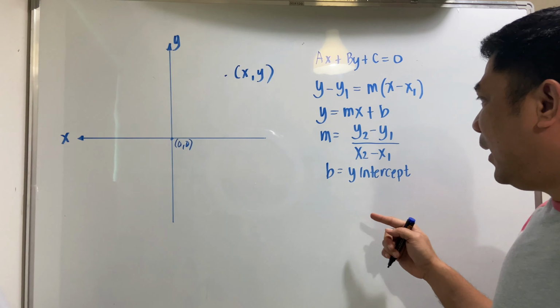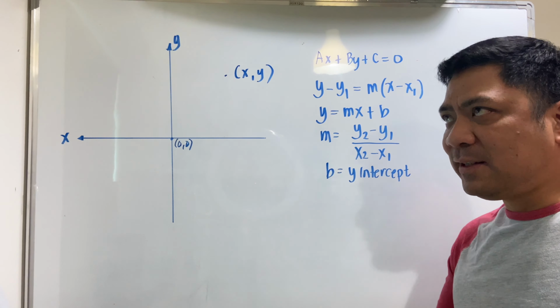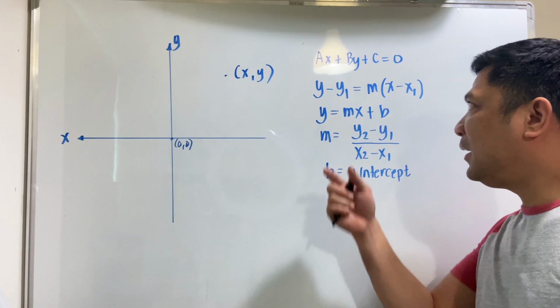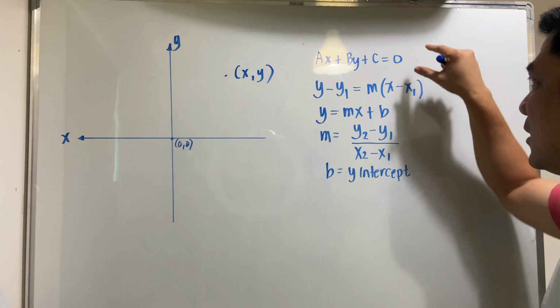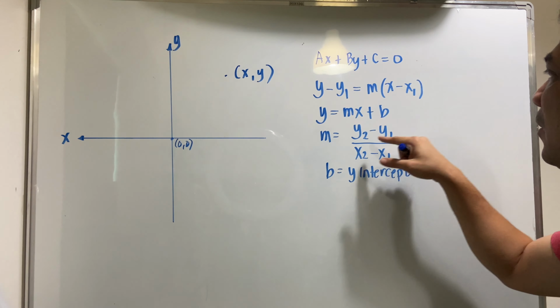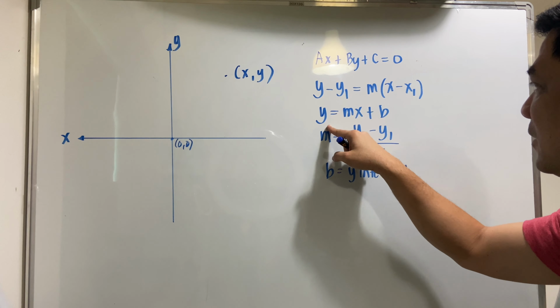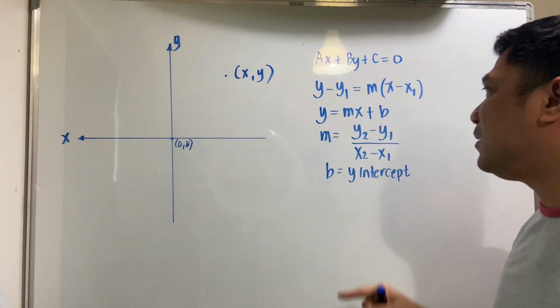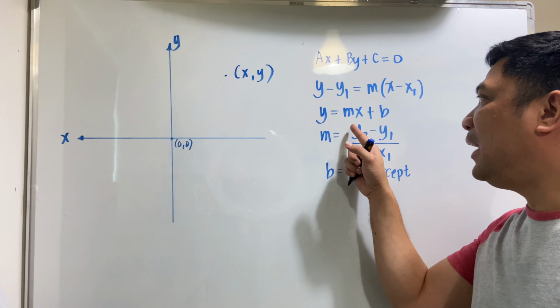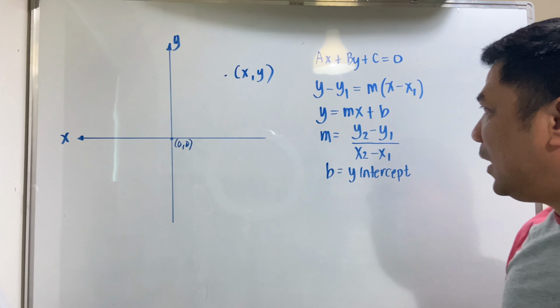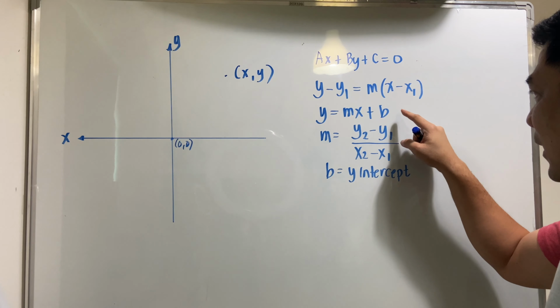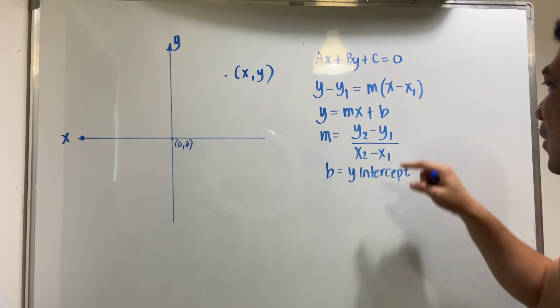If you are asked to find the slope of a line given in the general equation form, all you have to do is transform it into this form. Then the coefficient of x would be the slope of the line, as long as the coefficient of y is 1, and the constant would be your y-intercept.